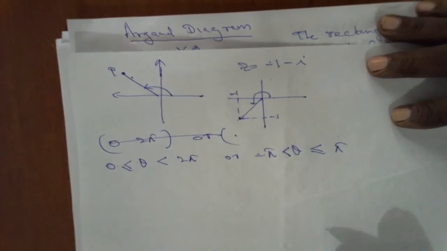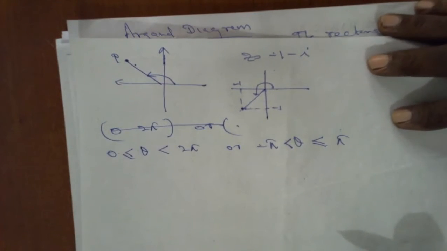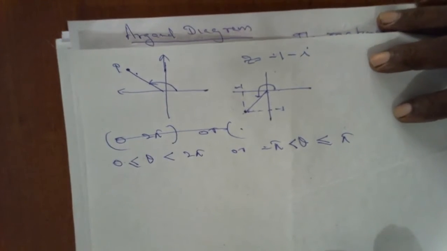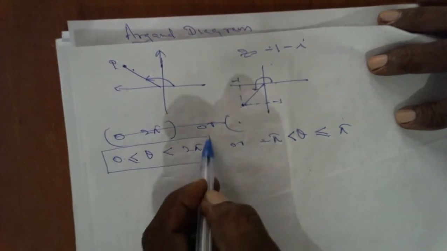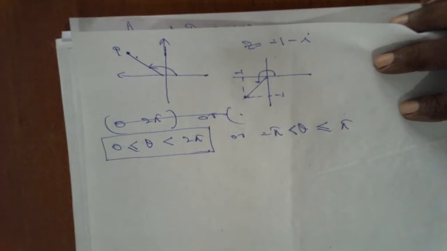You can define theta in two different ways, right? This theta is known as the argument. In the older syllabus we define theta like this.